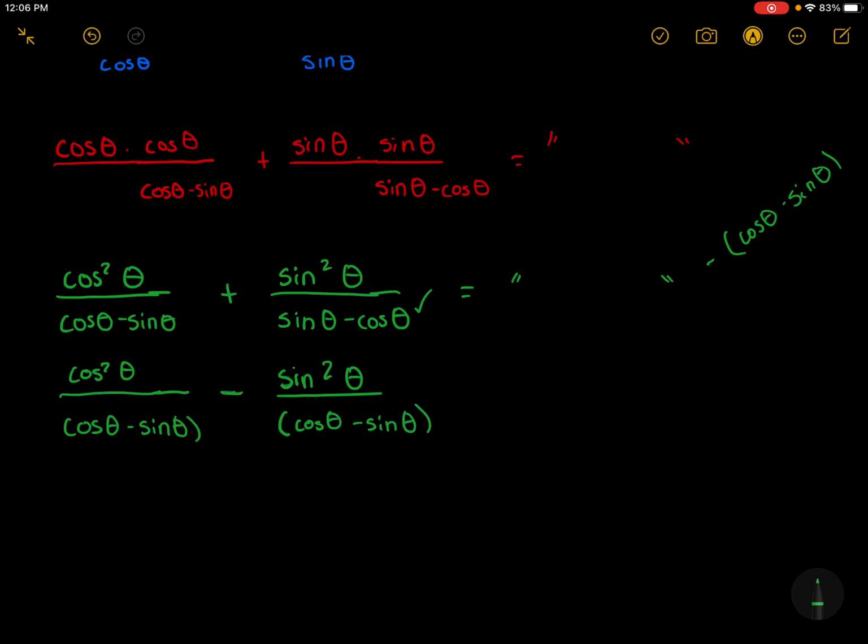Now, again, all we did was take out a negative to flip this thing around. And so now they have the same denominator. So we have cosine squared theta minus sine squared theta.